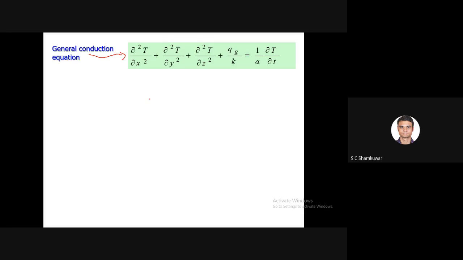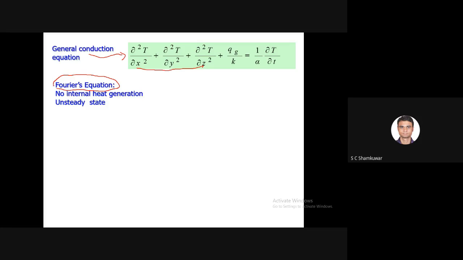It is: del square T by del x square plus del square T by del y square plus del square T by del z square, meaning change in temperature in all directions, plus heat generated Qg by K, where K is the thermal conductivity, equals 1 by alpha times the change in temperature with time.